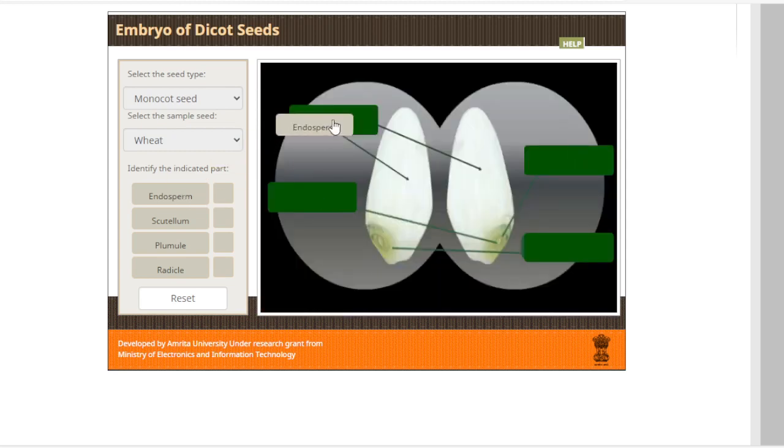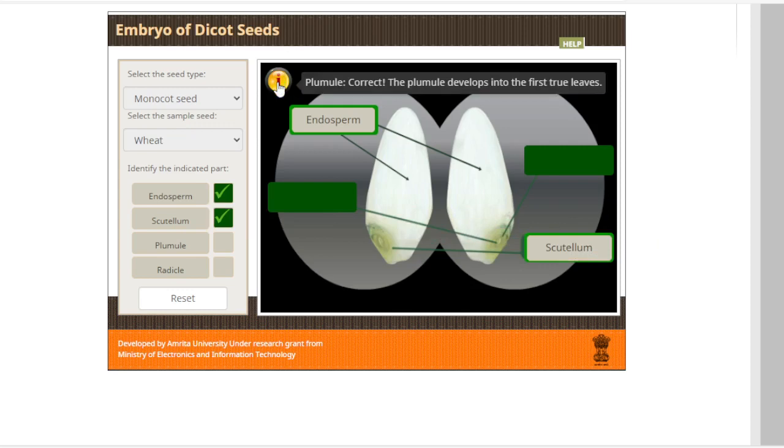So this is the endosperm. So unlike dicot जहाँ पर कि cotyledons होते थे, here we have endosperm which will provide nutrition to the plant or embryo, right? Then we have got scutellum, right?